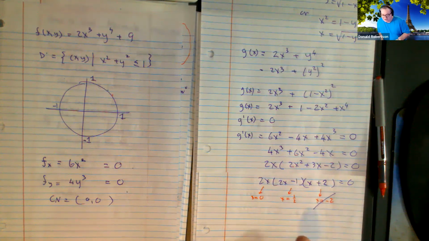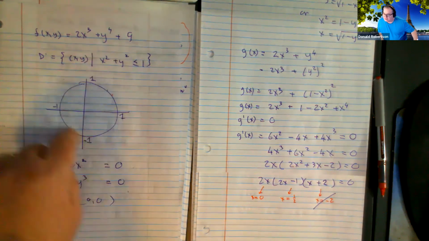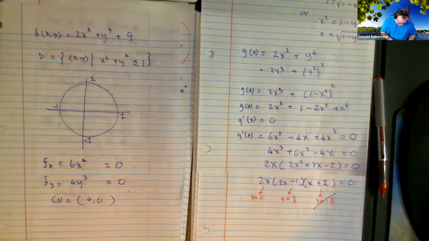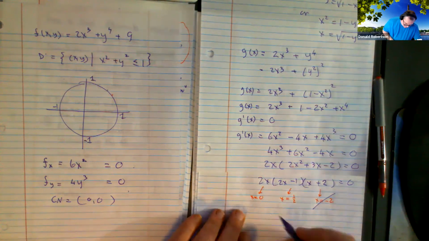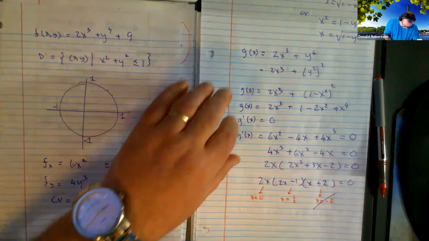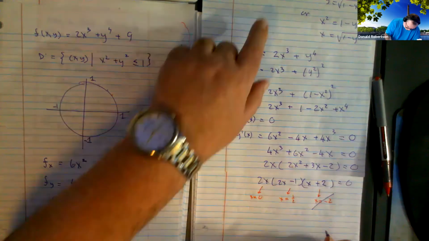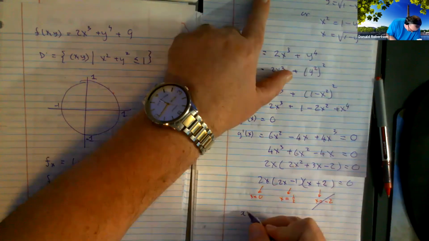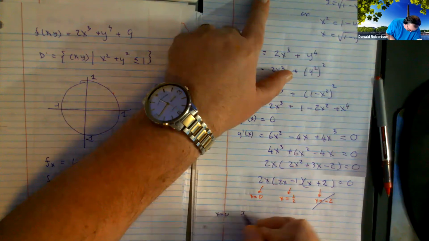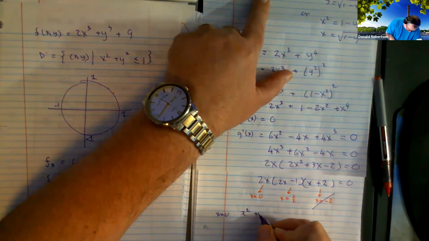Suppose I had another answer, x is 50. Wouldn't I throw that one out as well? It has to be on this region here, right? Now, if x is 0, can't I get the y value, if I know what x is, by using this guy? So I've got my pen. When x equals 0, I know that x squared plus y squared is 1.